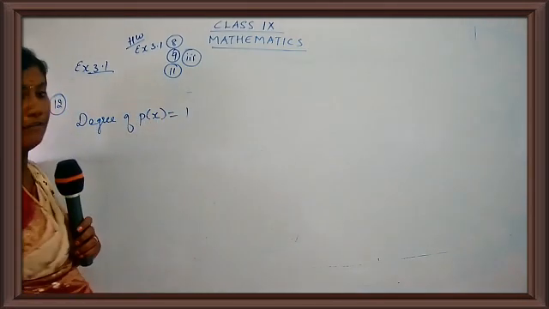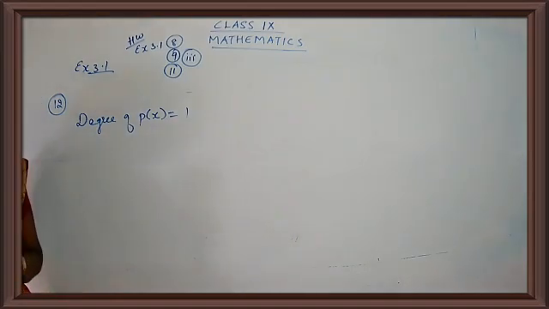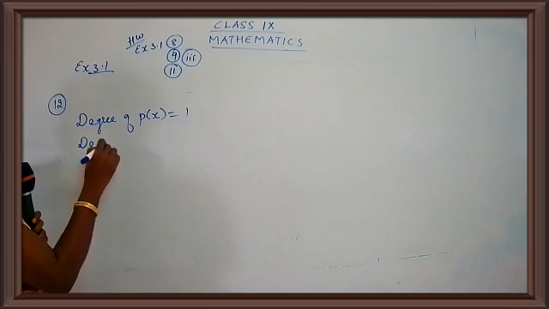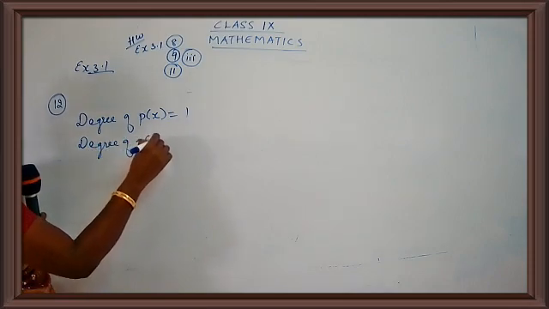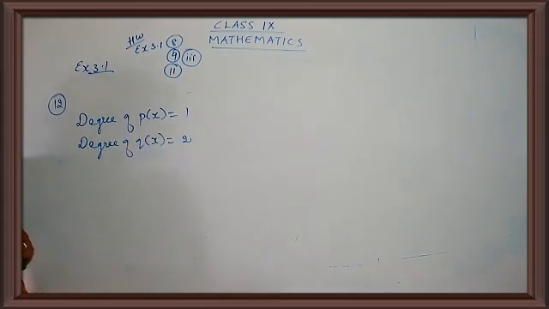So what is the degree given for P of x? It's 1. And what else is given? Qx is a polynomial of degree 2. So what is the degree of Qx? It is 2. Degree of Qx is equal to 2. Okay, done. Now, we have to find out what kind of polynomial Px into Qx is.